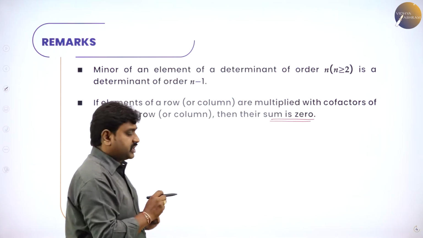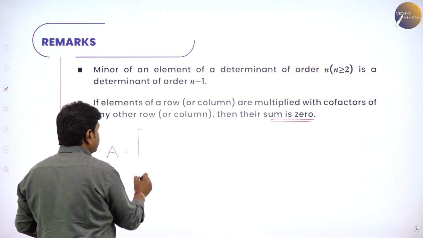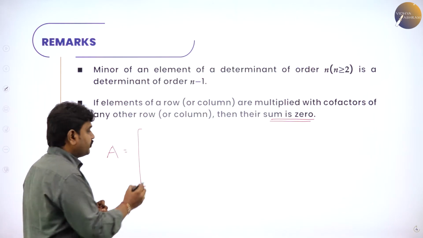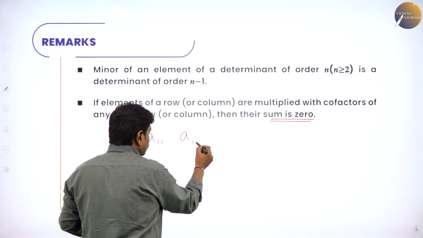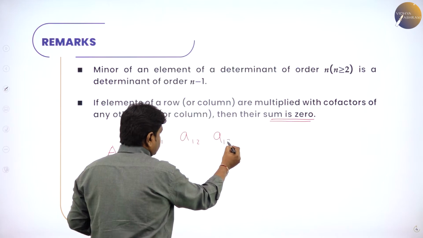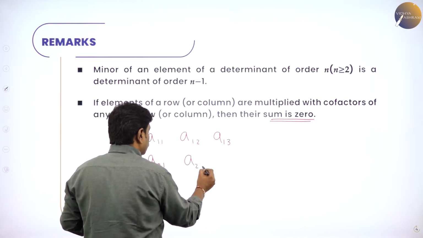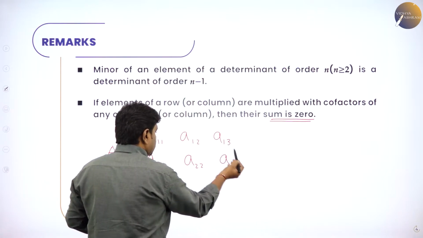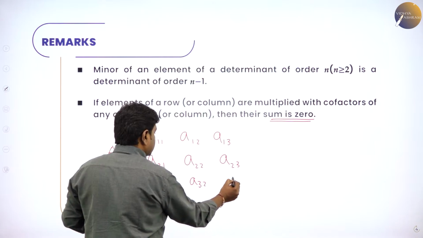For example, if I take a 3 cross 3 matrix, how to represent a 3 cross 3 matrix? All of you know, we can write it as A11, A12, A13, first row, then A21, A22, A23, then A31, A32, A33.